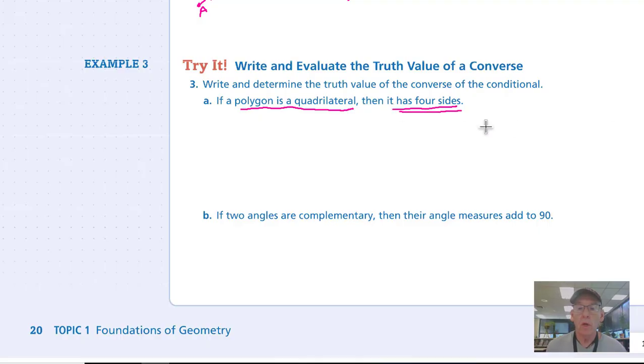We want to write the converse, which is Q implies P. And so we would write, if a polygon has 4 sides, then it is a quadrilateral.